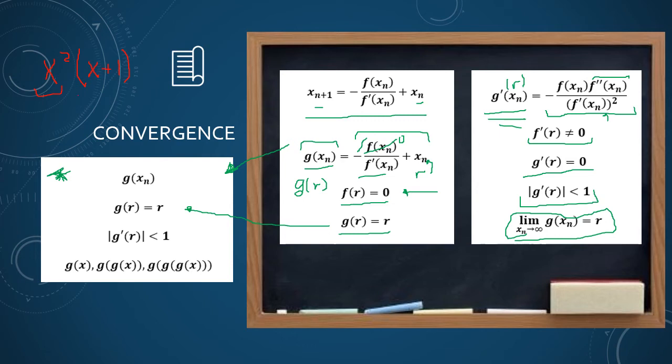Negative 1 has multiplicity of 1, only appearing once. So this is only proven for multiplicity of 1, and there's a lot more that goes into multiplicity of 2 and so on. But this is just an introduction to get an idea of what's going on. So for now, just know that.